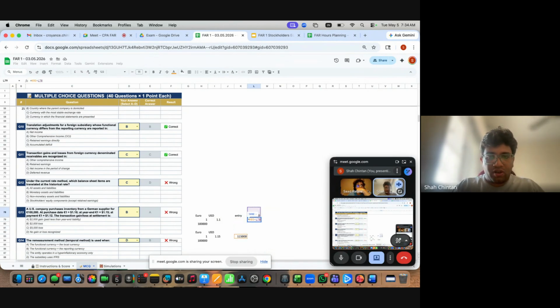Because it's on the purchase side, there is a loss, or increase in AP, of $5,000. Then what happened in the transaction?